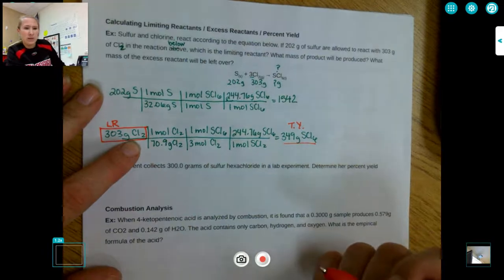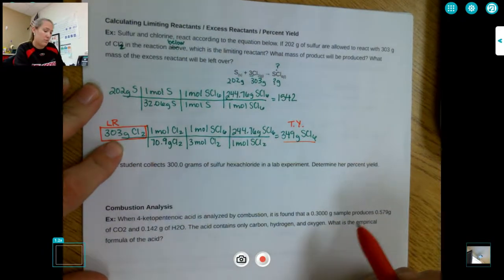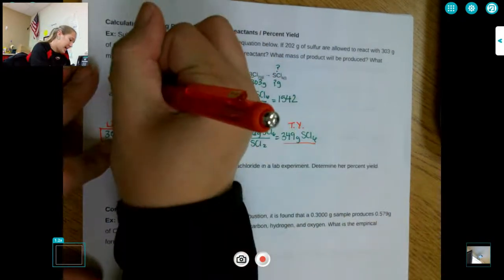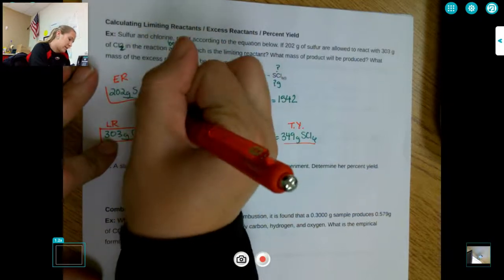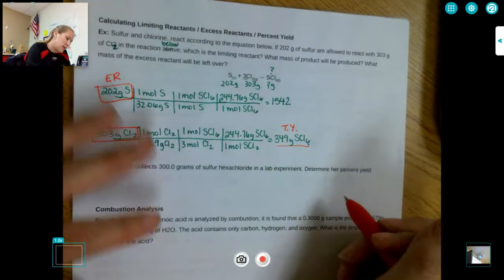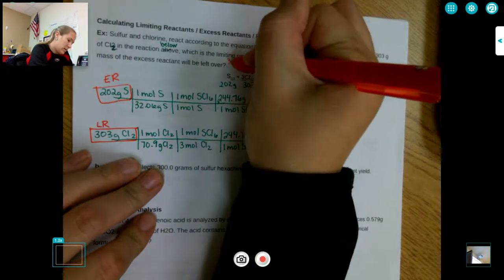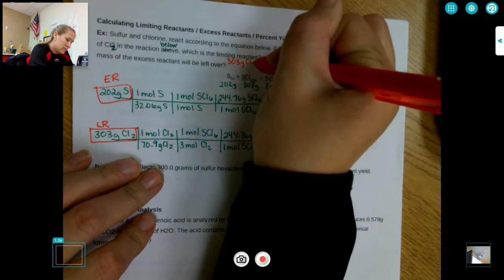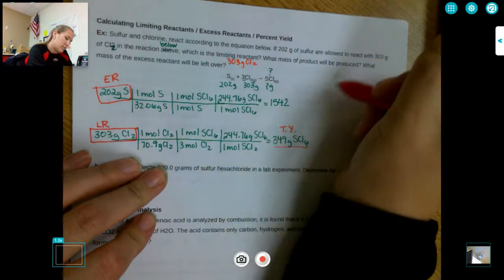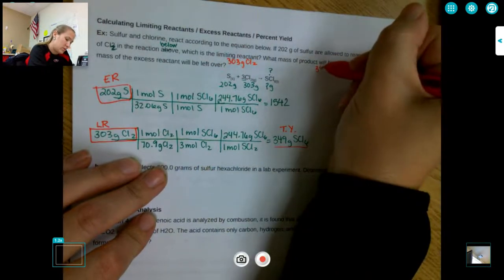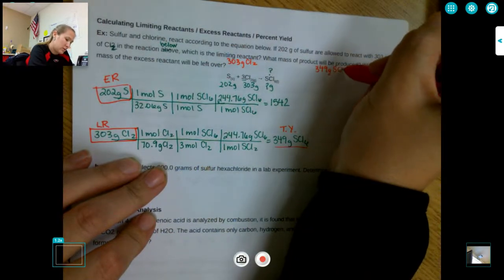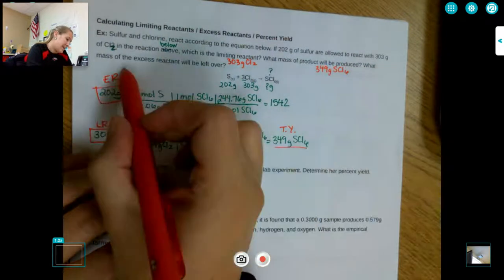It's dependent upon how much I have, which means my sulfur is my excess reactant. So limiting reactant is my 303 grams of chlorine. Mass of the product produced is my 349 grams of sulfur hexachloride.